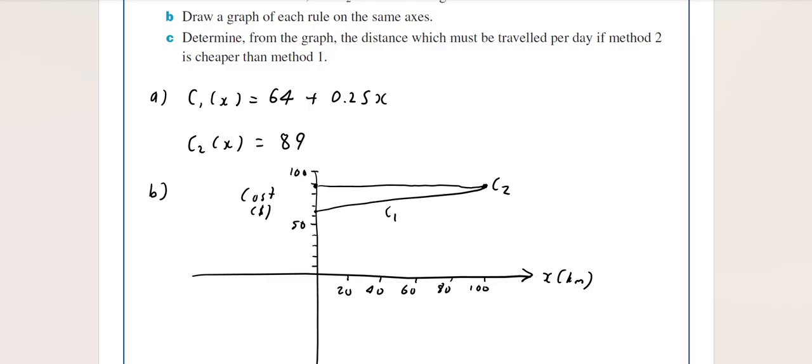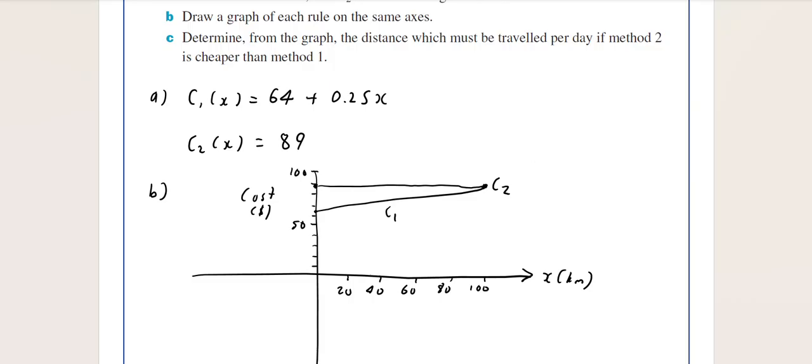Now, for question C, determine from the graph the distance which must be traveled per day if method 2 is cheaper than method 1. So basically it's asking where do the graphs meet. Up until here, you can see that method 2 is more expensive than method 1. Method 1 is down here while method 2 is up here. And then what will happen is eventually they're going to cross at this point, past which method 1 would keep going up.